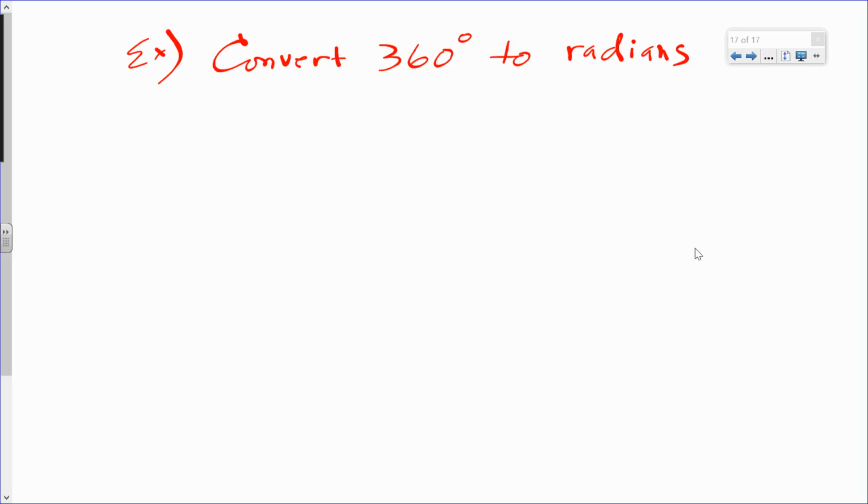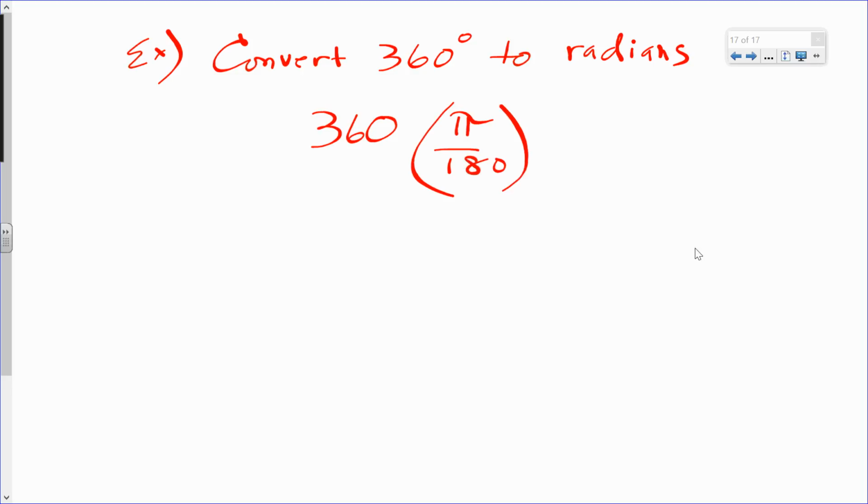How many radians would 360 degrees be? All right. So what did I just tell you? How do you convert degrees to radians in the two clouds that we just wrote? Pi over 180. So we're going to take 360, do it with me, times pi over 180.